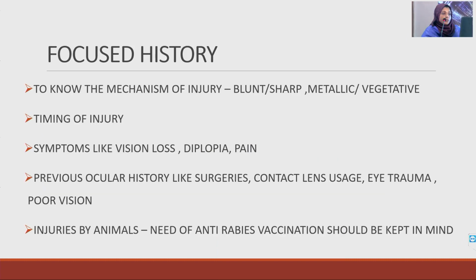Now coming to a focused history, to know the mechanism of injury, whether it is blunt or sharp, metallic or vegetative, then symptoms like vision loss, diplopia, previous ocular history like surgeries, contact lens usage, eye trauma, prior poor vision. Then in case of injuries by animals, the need for anti-rabies vaccination should be kept in mind.